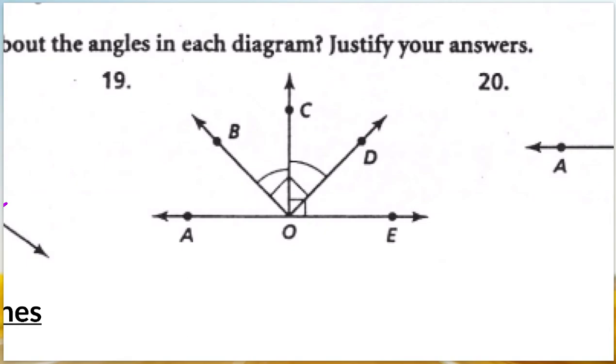On number 19, we have some right angle markings. We have a right angle marking here, and we have a right angle marking up here. And what we can know from those two right angle markings, notice that tells me that this angle here and this one here are complementary. And we know that this one here and this one here are complementary.